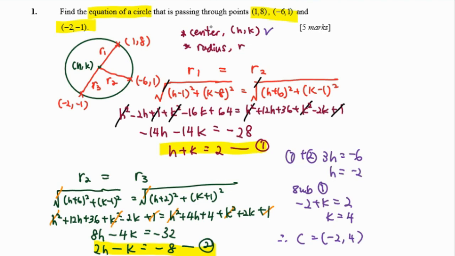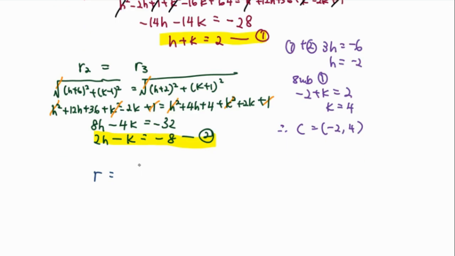Now we are going to find the radius. We can choose to use either R1, R2 or R3. In finding the radius, I'm using R3, where my h is negative 2 and my k is 4. So my radius will equal 5.